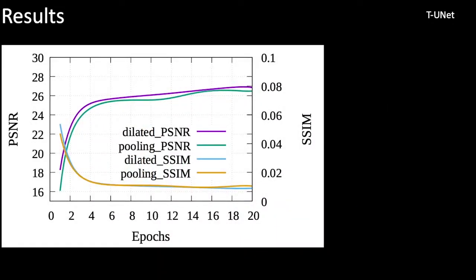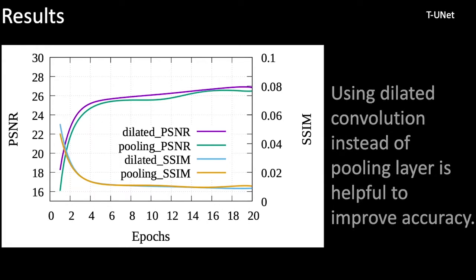We also used dilated convolution with a stride size of 2 instead of a pooling layer in the experiment. From the results shown in the figure, whether PSNR or SSIM is the evaluation criterion, the dilated convolution has a better generalization effect than the pooling layer.